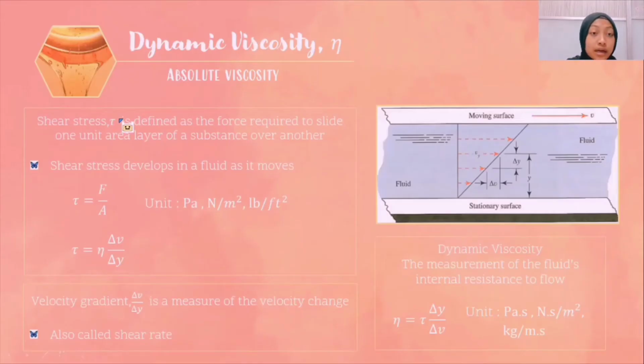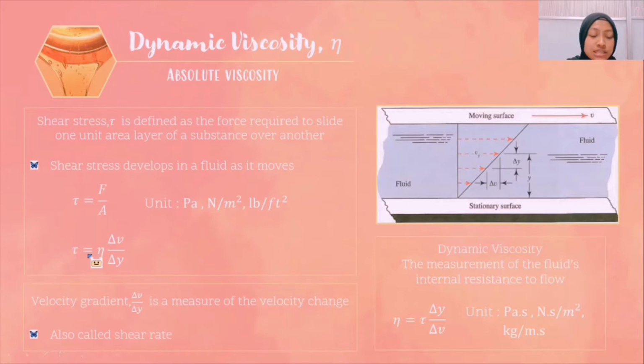Shear stress, tau, is defined as the force required to slide one unit area layer of a substance over another. Shear stress will develop in a fluid as the fluid is moving. The formula for shear stress is equal to force over area. The unit is Pascal or Newton per meter squared or pound per feet squared.